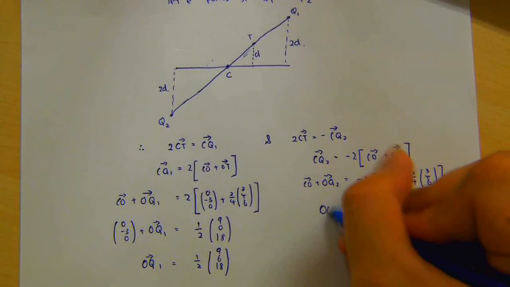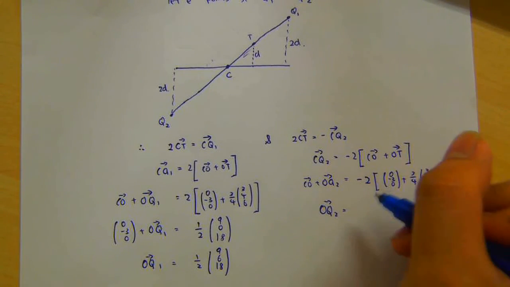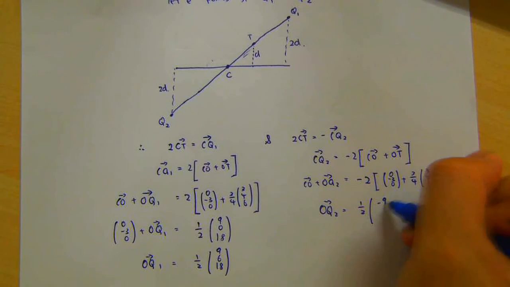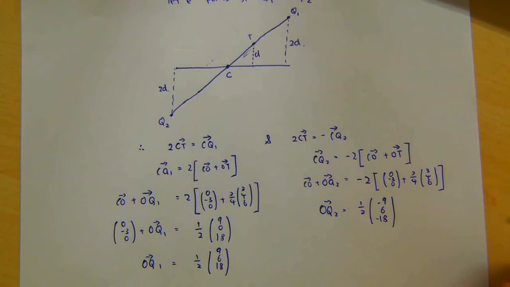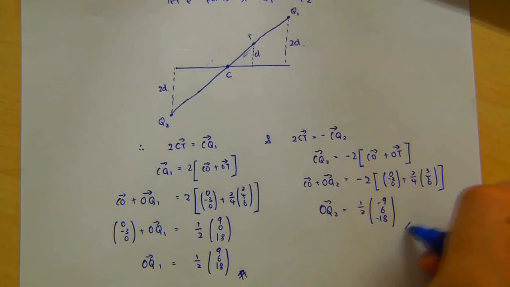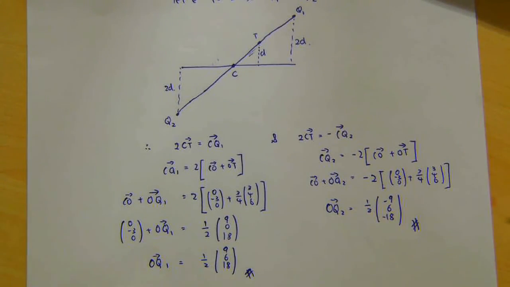And using the same method, we can solve our OQ2, which is half 9, minus 9, 6, minus 18. So this will be our two Q values.